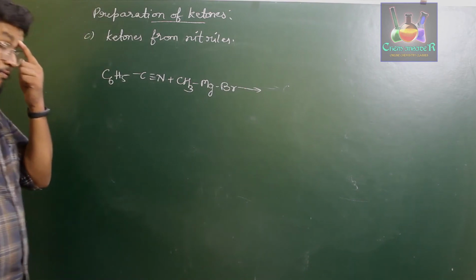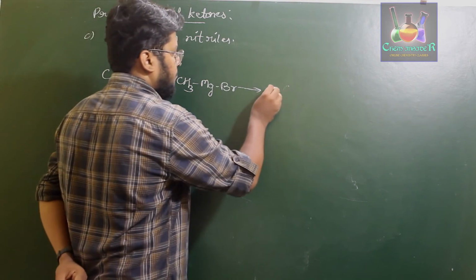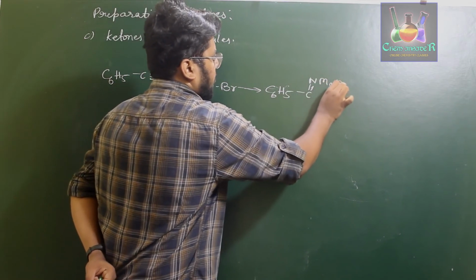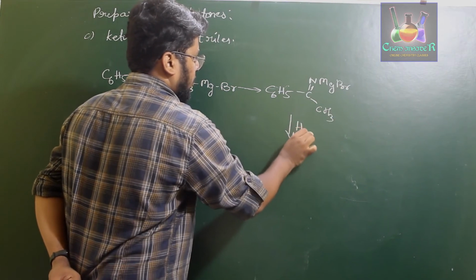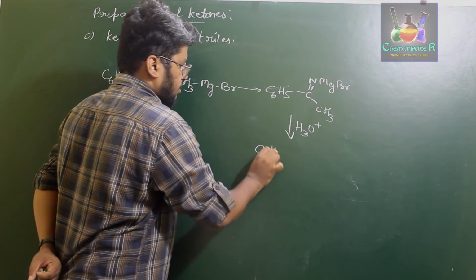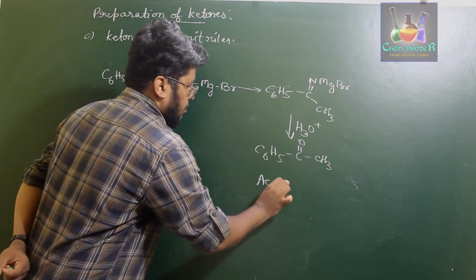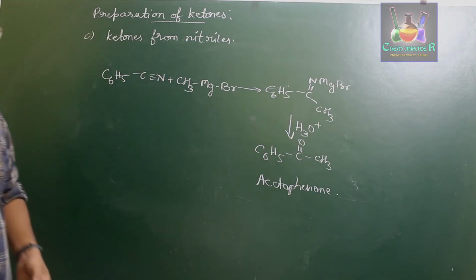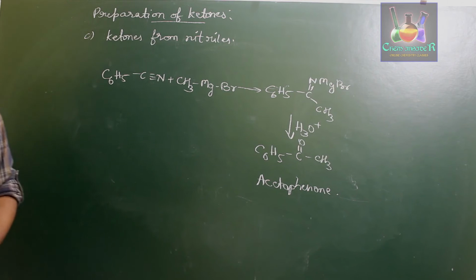When you treat phenyl nitrile, that is benzonitrile, with CH3MgBr, we get C6H5C=N MgBr along with CH3, which on hydrolysis yields C6H5C=O CH3, that is acetophenone. So these are the methods of preparation of ketones through nitrile groups in the presence of alkyl magnesium halides, that is, the Grignard reagent.